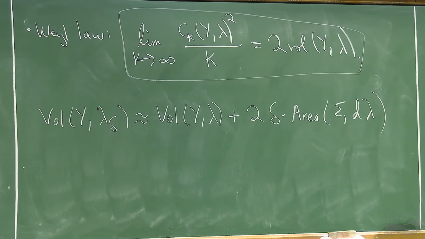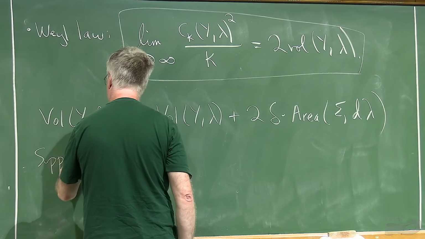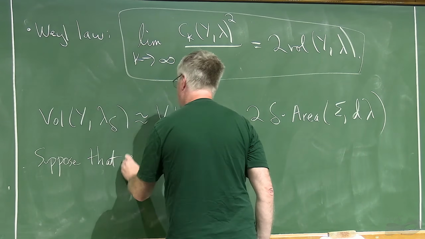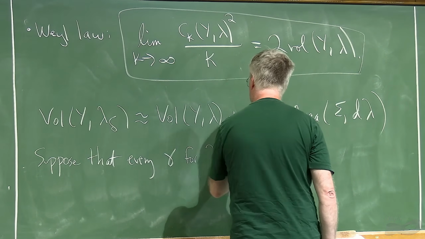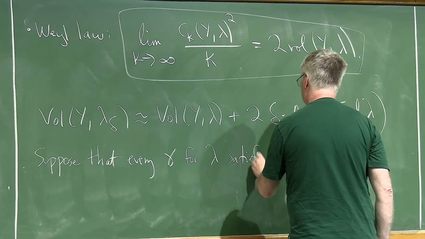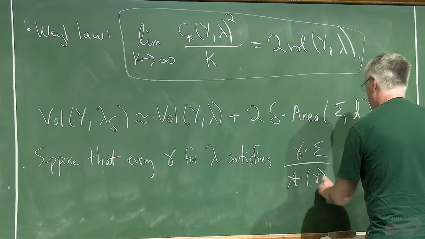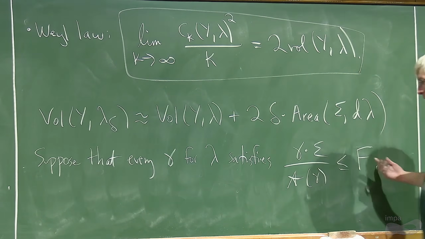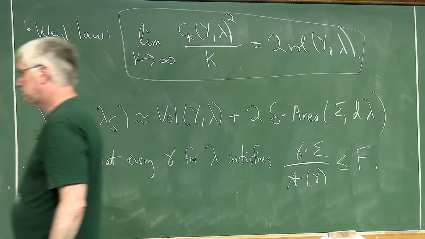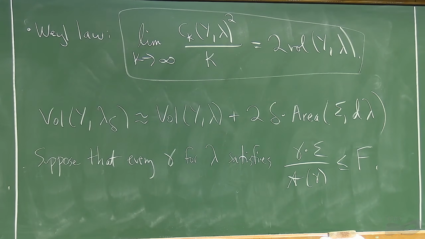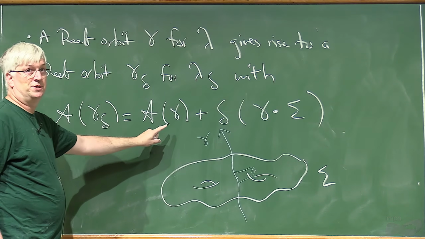So let's suppose we have that. And then suppose that every Reeb orbit gamma for lambda satisfies gamma dot sigma divided by the action of gamma is less than or equal to f. So f is some upper bound on the frequency. Then that means that the actions of the orbits for gamma delta can't increase too much.